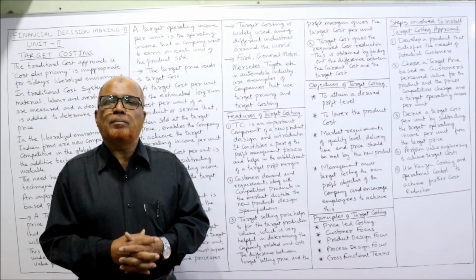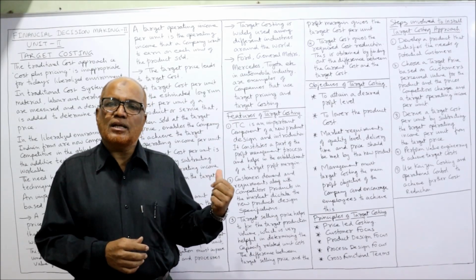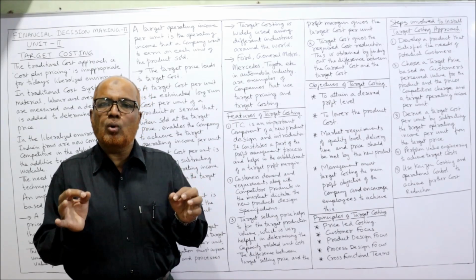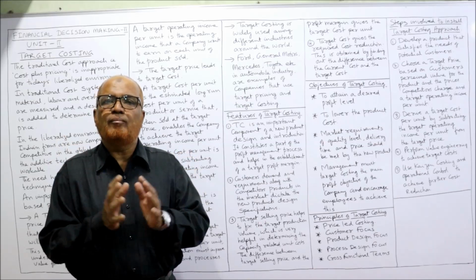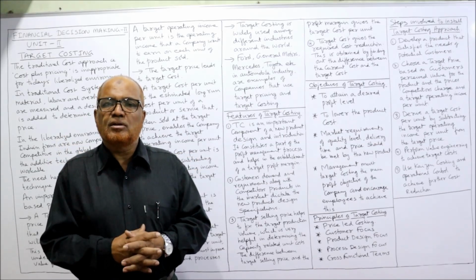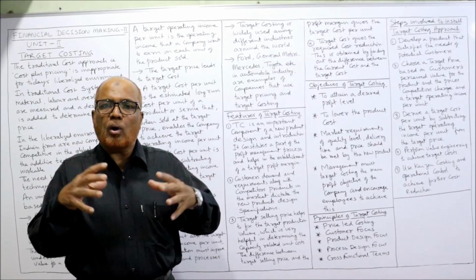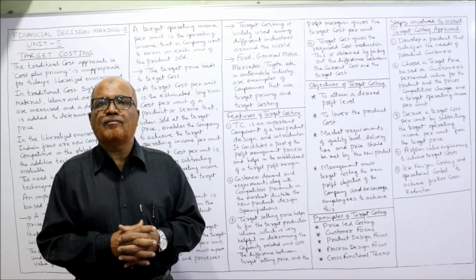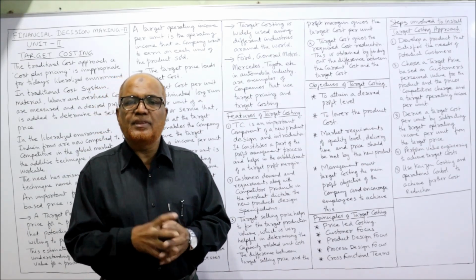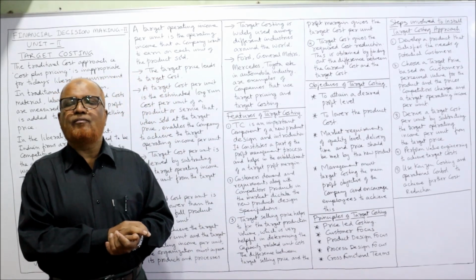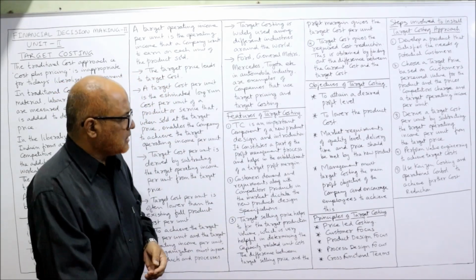So many departments are there. So this target costing will be successful only if there is involvement, engagement, cooperation, coordination among different functional departments. These are the principles we require for applying target costing.